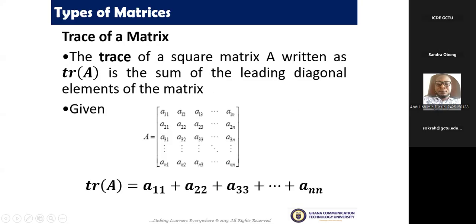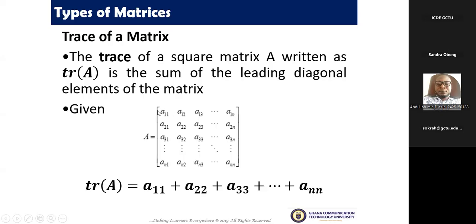Then we also have what we call the trace of a matrix. What is it? It is the sum of all the elements, or entries, in the leading or main diagonal of a square matrix.